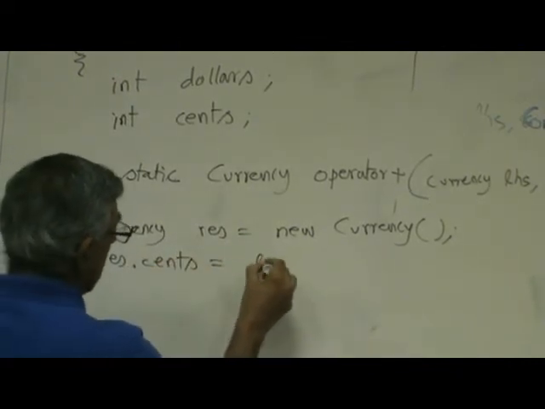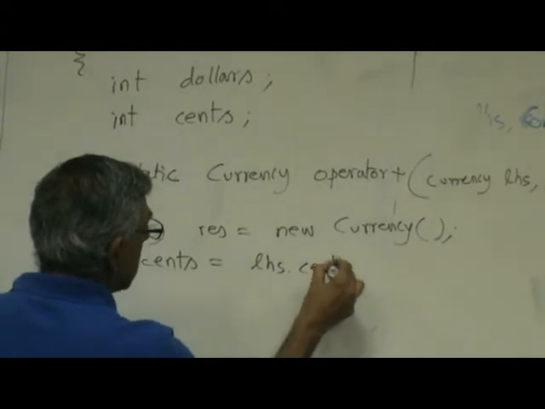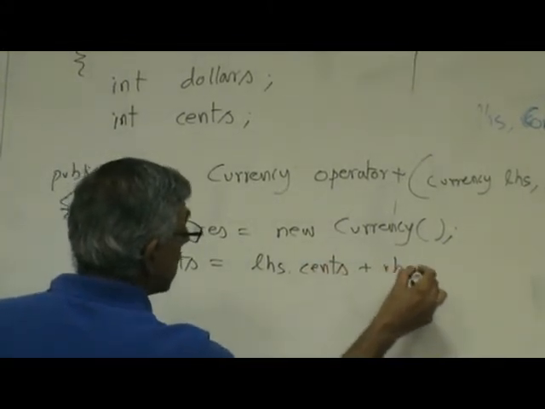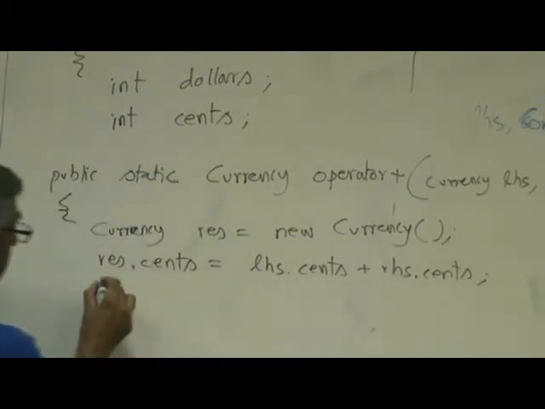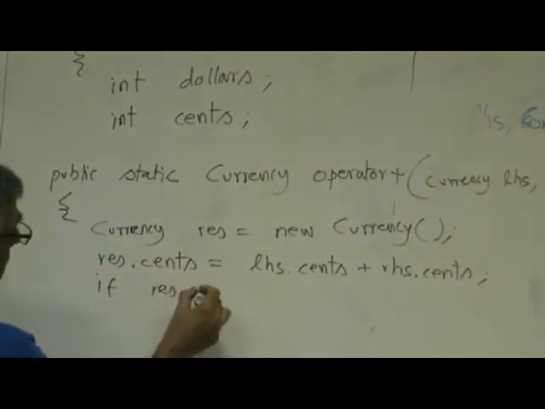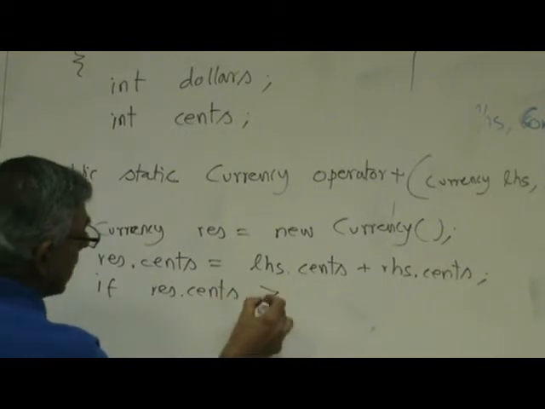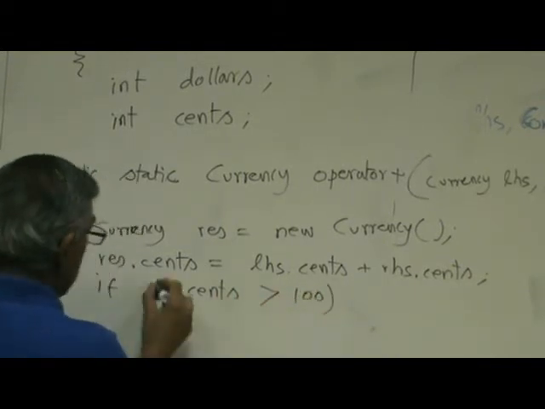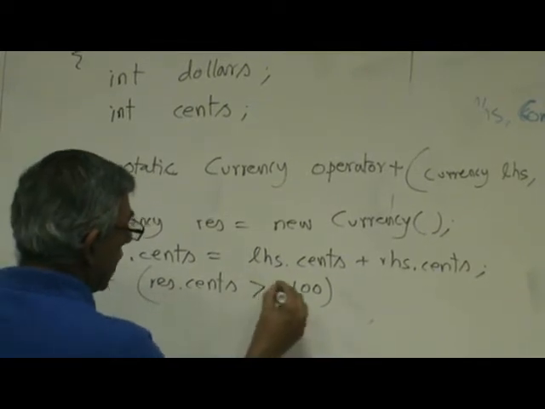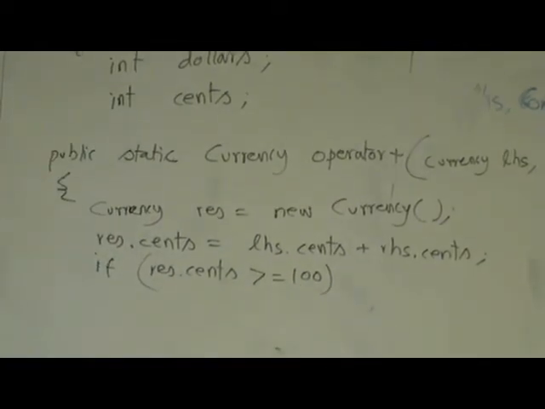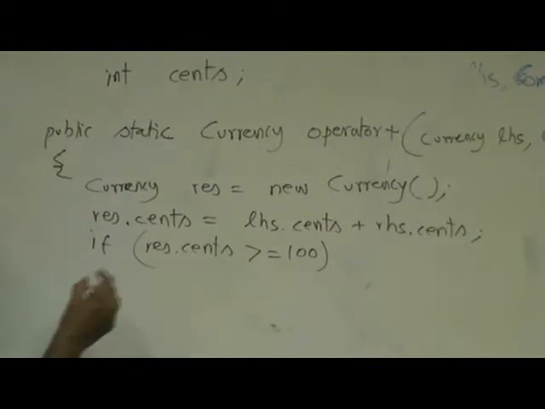Cents equal to LHS.cents plus RHS.cents. Okay. If result.cents exceeds 100, greater than equal to. Okay, if it becomes greater than equal to 100, then what will we do?